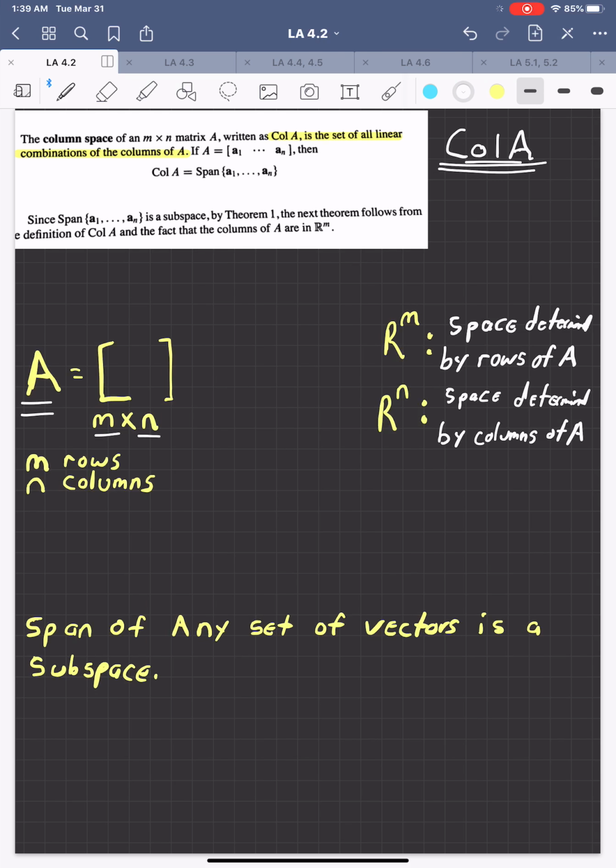Okay, so now let's go backwards really quickly, and we're gonna build a little bit more. So the column space, what I've highlighted here, is the set of all linear combinations.